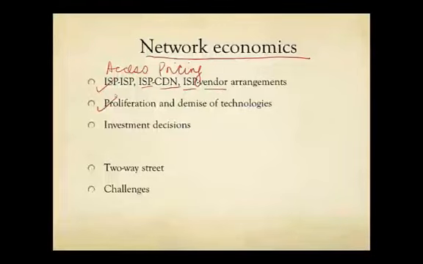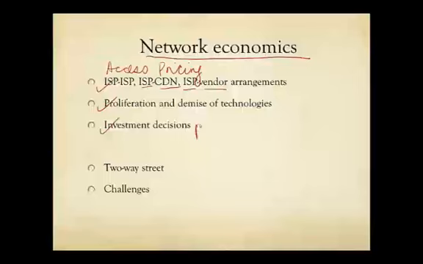Another topic is the proliferation and demise of technologies, trying to look at the economic and the networking technology aspects of these trends. Yet another important area is the decisions of making certain investment.